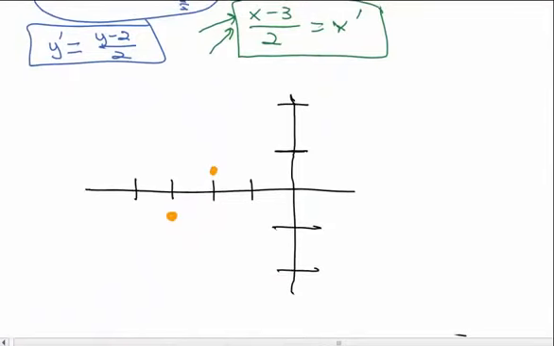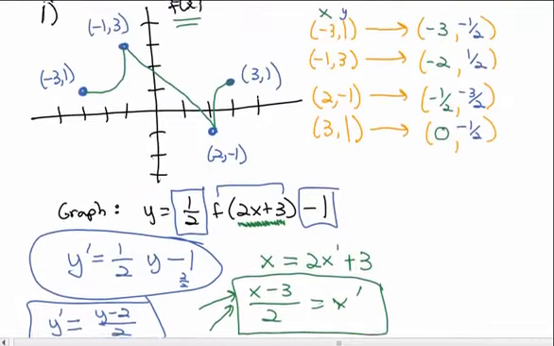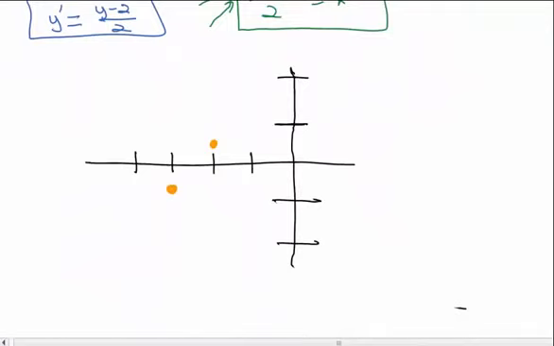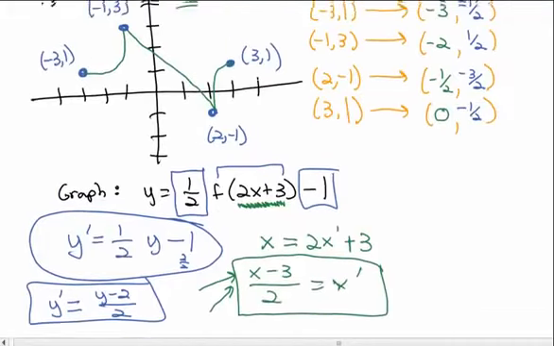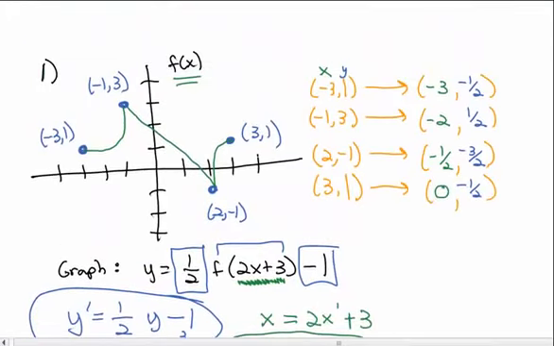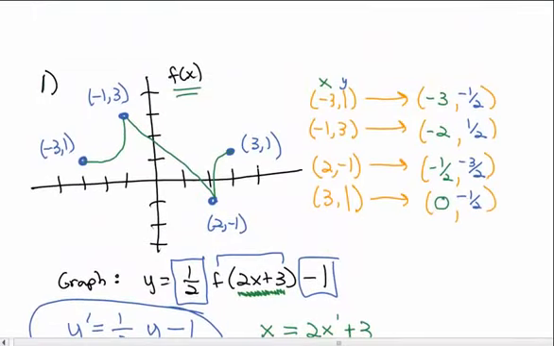Here's my next new point. -1/2, -3/2. And finally, 0, -1/2. These are our 4 new points that we got off of our original 4 points.